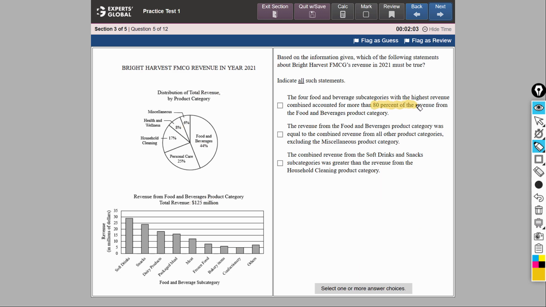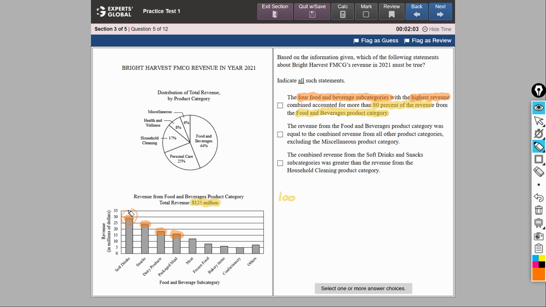80% of the revenue from the food and beverages product category would be 80% of $125 million, which is $100 million. Now, the revenue from the 4 food and beverage subcategories with the highest revenue are quite clearly the first 4 subcategories here.